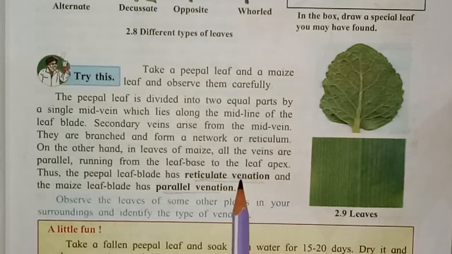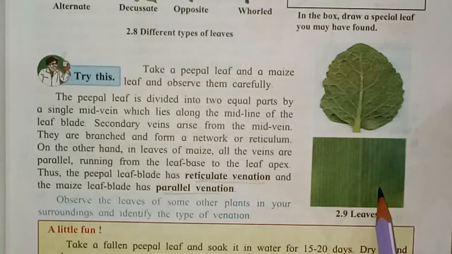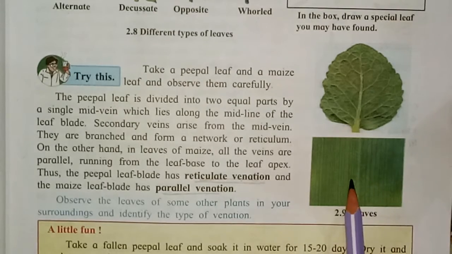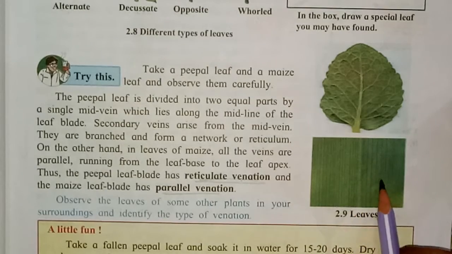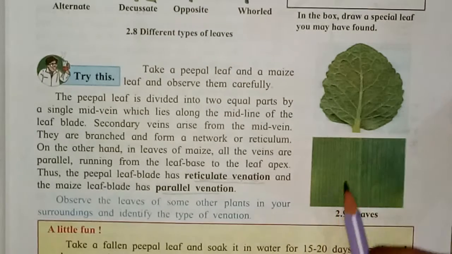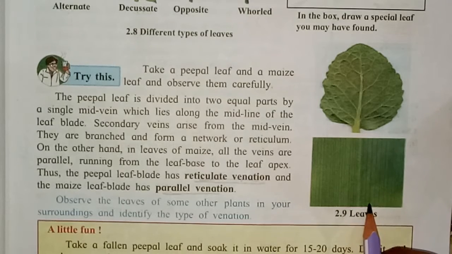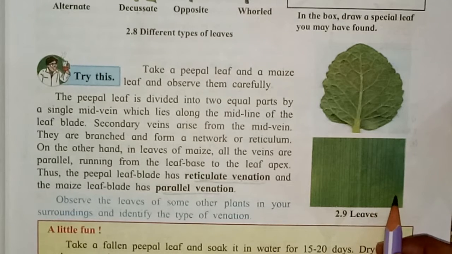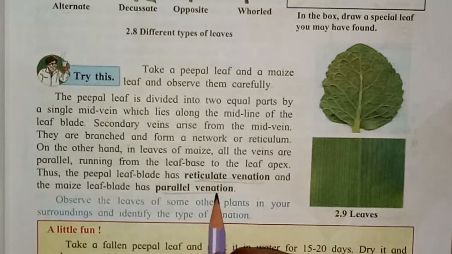The next type of arrangement of veins is like this, they are in parallel position. As you can see, they are long and straight. These are also veins of a leaf, the leaf of maize. This type of arrangement is called parallel venation.